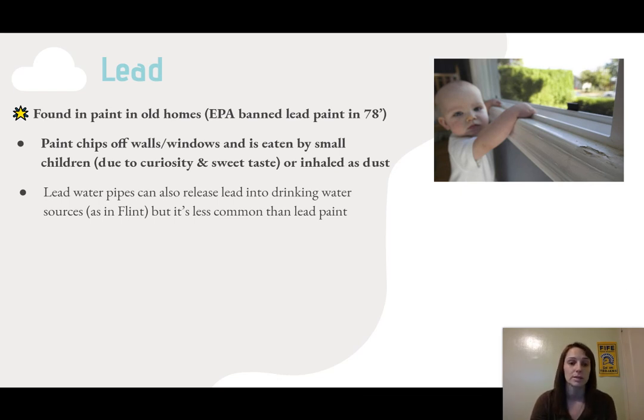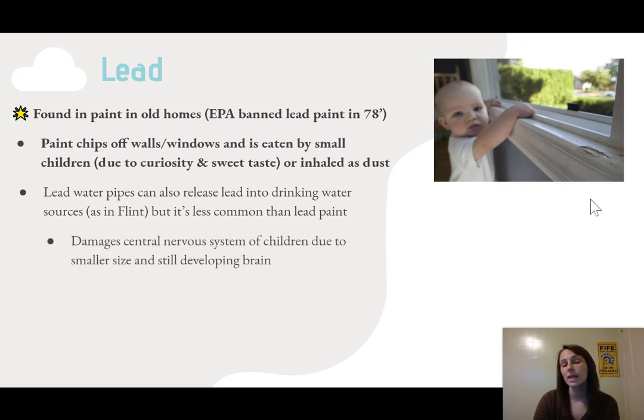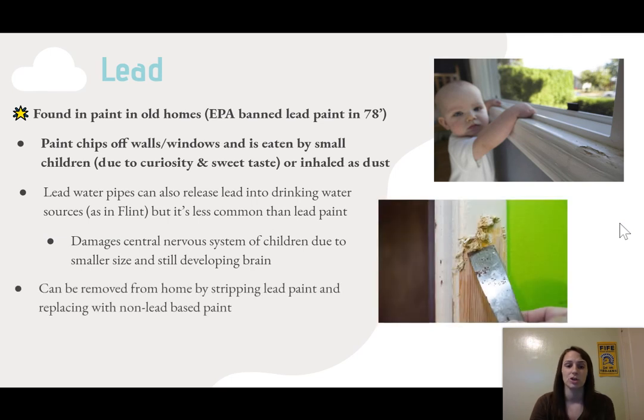Now, the reason that lead is a big problem is because it damages the central nervous system, especially of children, because they're a smaller size and their brain is still developing. So babies eating lead paint is actually very much a problem, not as problematic as if you and I inhale some lead dust, but it is still a neurotoxin, so none of us should be having lead, but it's especially bad for children.